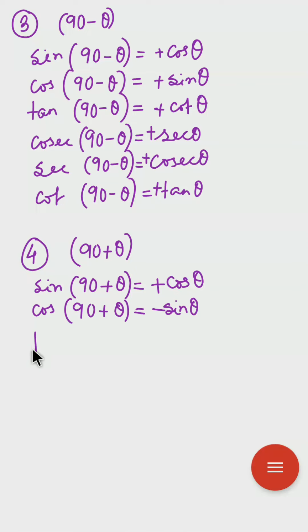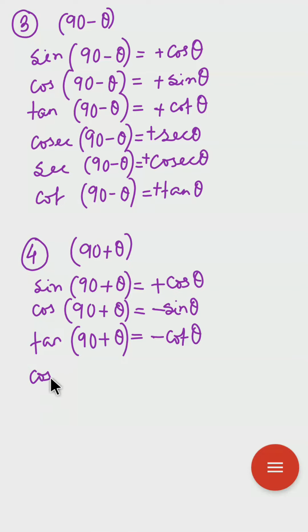Similarly, if we try tan, then tan of 90 plus theta, again we first check the angle is in the second quadrant. Tan in the second quadrant is negative. So we put the minus sign. Here it is odd multiple of 90. So tan changes to cot. So this is cot theta.